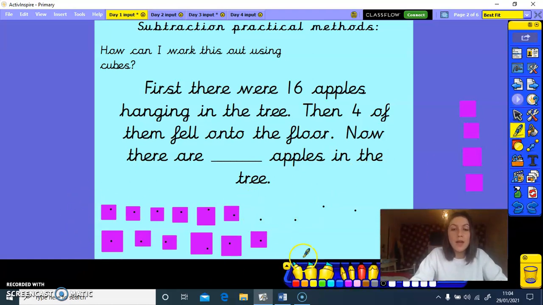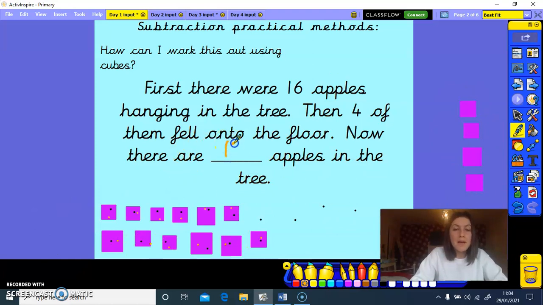Let's see how many we've got now. 1, 2, 3, 4, 5, 6, 7, 8, 9, 10, 11, 12. So 16 take away 4 equals 12.